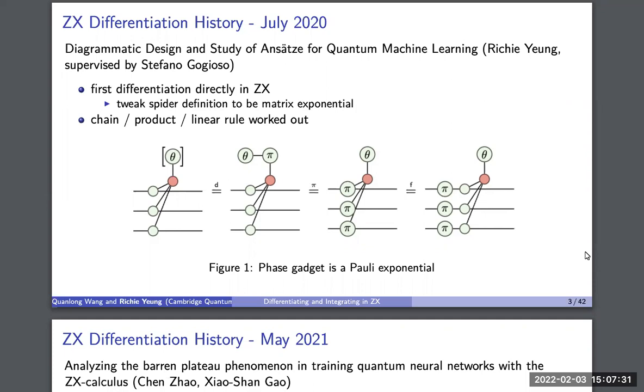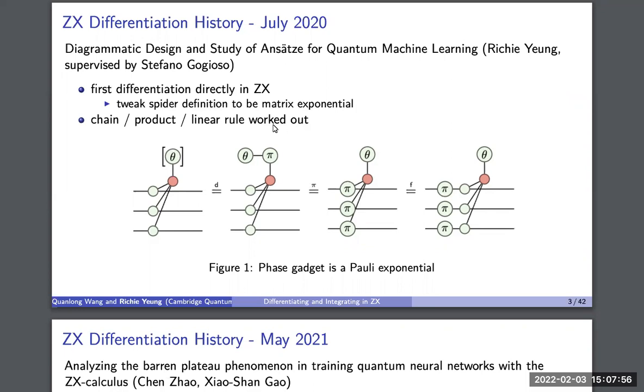It's all based on our idea that we can modify the Z spider as a Pauli exponential, and using the derivative of the generator here, the one-legged parameterized spider. In our paper, we use a slightly different definition, but using this, we can differentiate larger diagrams composed using these parameterized gates.